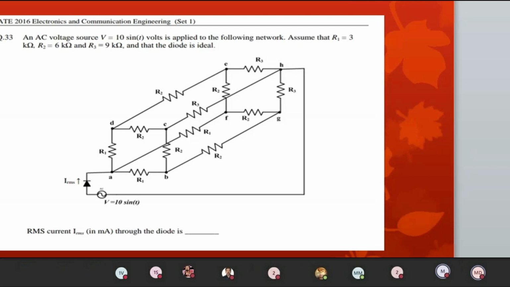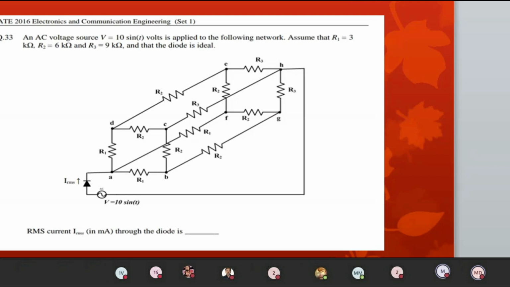But here, we have R1 3 kilo ohm, R2 6 kilo ohm, R3 9 kilo ohm. So you have three different resistors and we are assuming the diode to be ideal. So how to proceed? Kindly understand one thing.